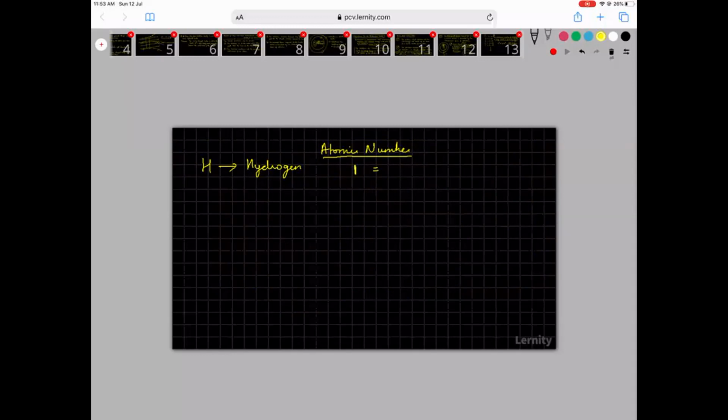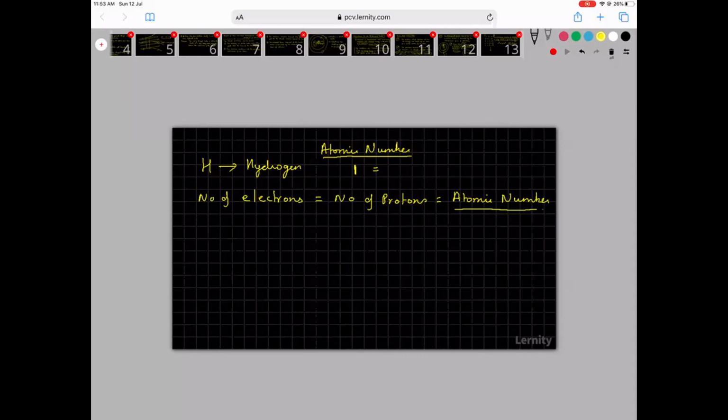Number of electrons is equal to the number of protons present in the nucleus. We will make a note of it. Number of electrons is equal to number of protons. This is equal to the atomic number.